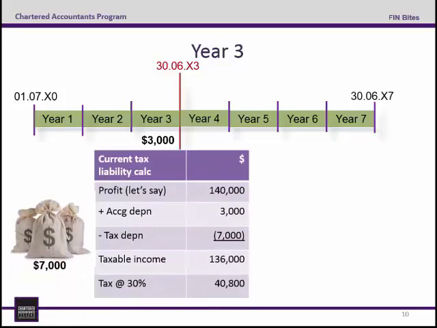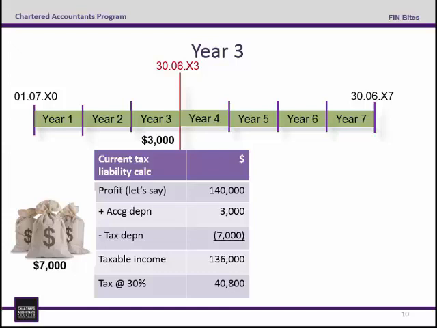Again, let's look at our current tax liability calc first, because that tends to be the first thing we do. Again, let's assume we've got a $140,000 profit. I add back my accounting depreciation of $3,000 because that expense is included within that $140,000 figure. And then I take off my depreciation deduction of $7,000, so my taxable income would be $136,000.